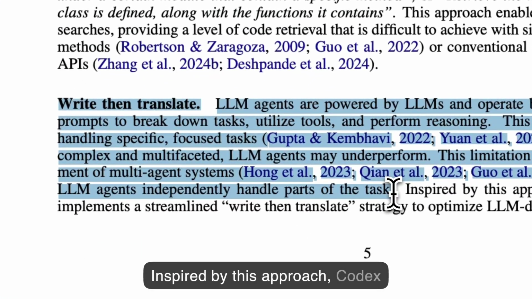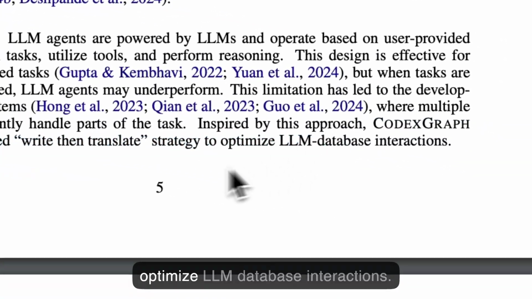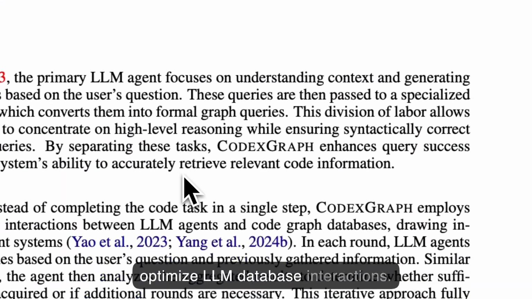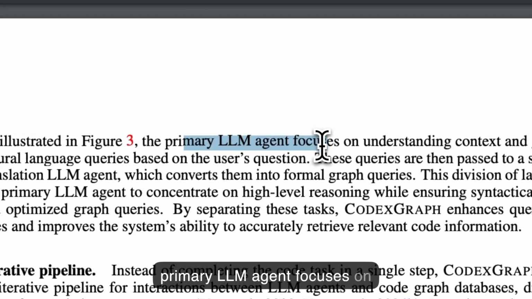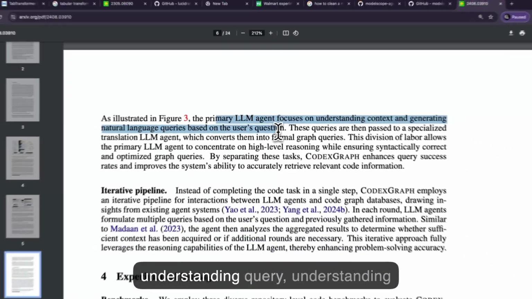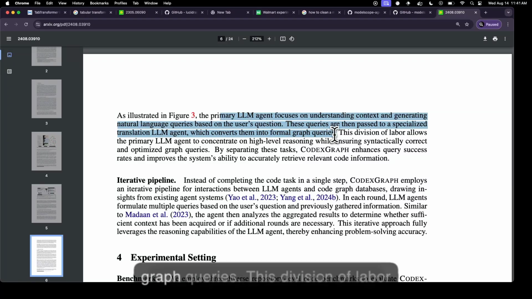Inspired by this approach, CodexGraph implements a streamlined write and translate strategy to optimize LLM database interactions. The primary LLM agent focuses on understanding context and generating queries based on the user's question. These queries are then passed to a specialized translation LLM agent, which converts them into formal graph queries.